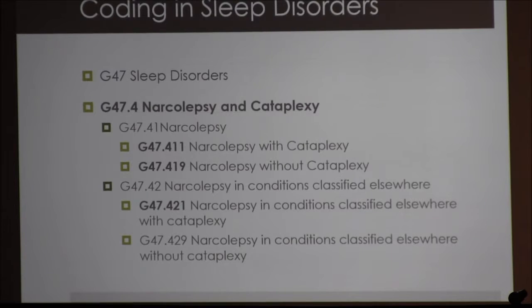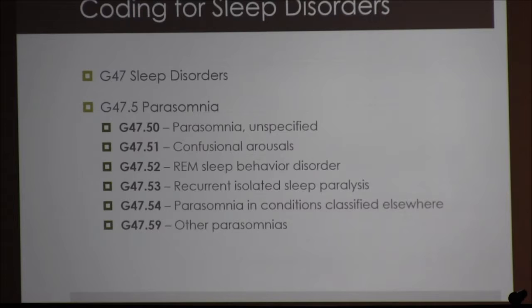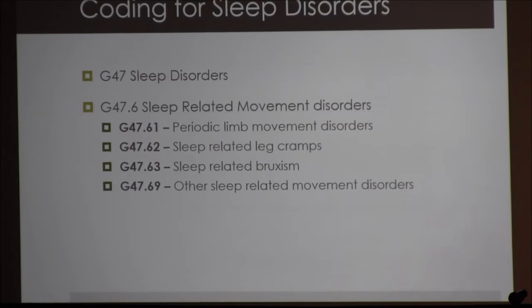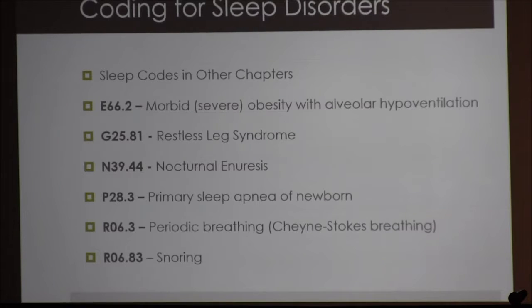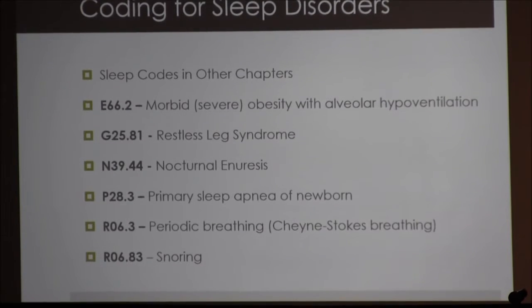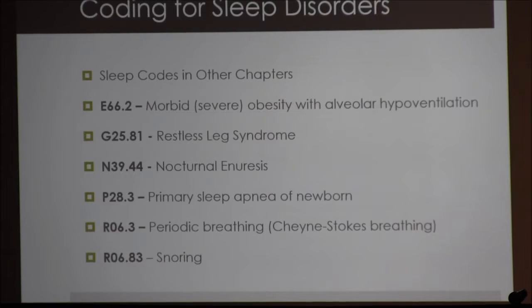G47.4, narcolepsy and cataplexy. Parasomnia is G47.5. G47.6, sleep-related movement disorders. And then codes that are not found within the realm of those breakdowns will be E66.2, morbid severe obesity with alveolar hypoventilation, restless leg syndrome, nocturnal enuresis, primary sleep apnea of the newborn, Cheyne-Stokes breathing, and snoring.